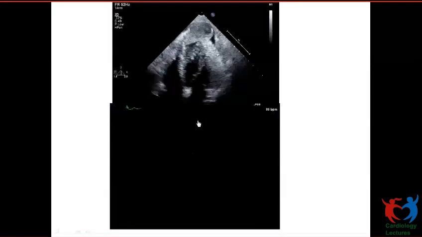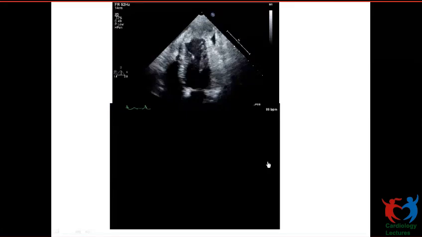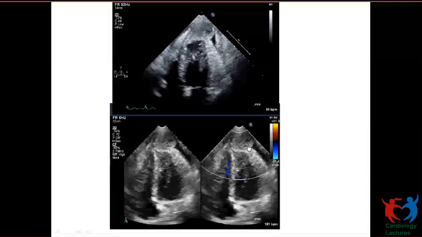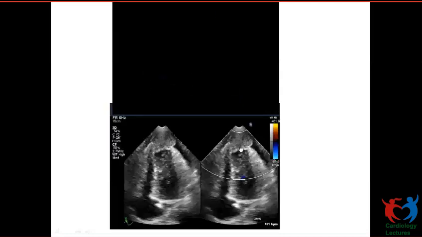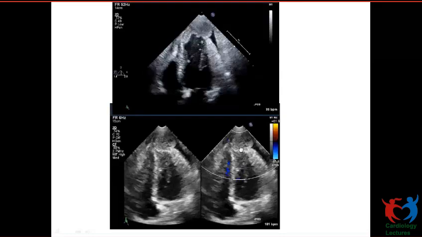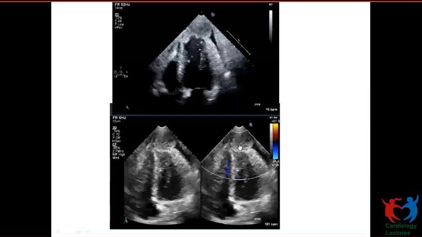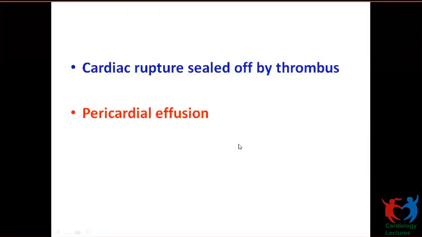Anterior MI, the patient had a rupture. You can see some pericardial collection, and then it got sealed off with the thrombus. This patient underwent surgery. Correct, sealed off by thrombus.